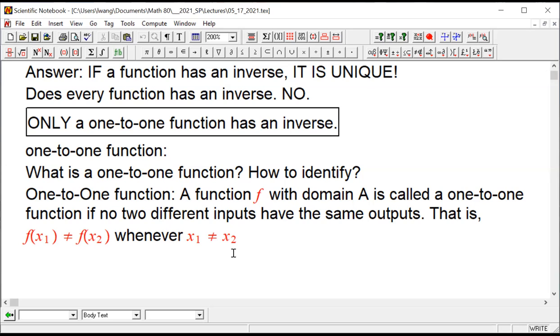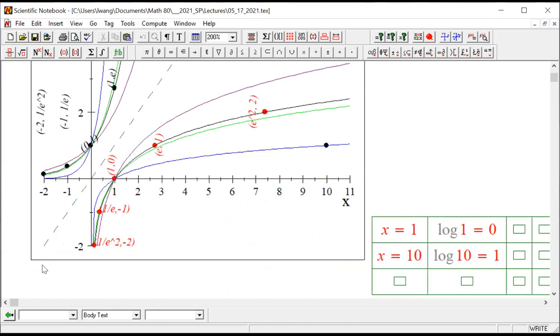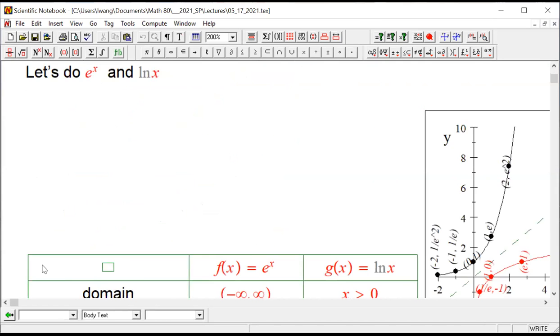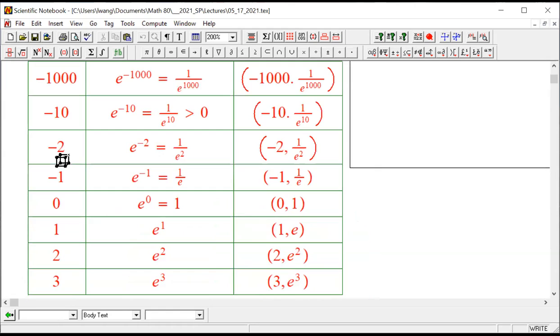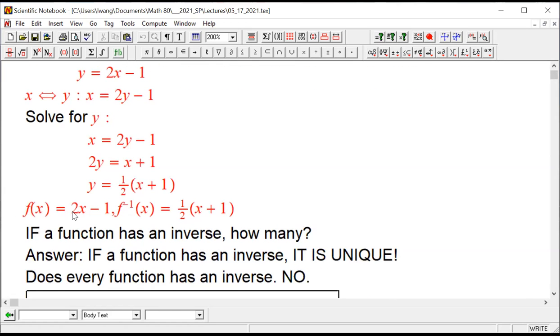So how is that translated into a picture? For example, the situation of the line we just did. Where did I put it? Right here. We know this is a straight line.